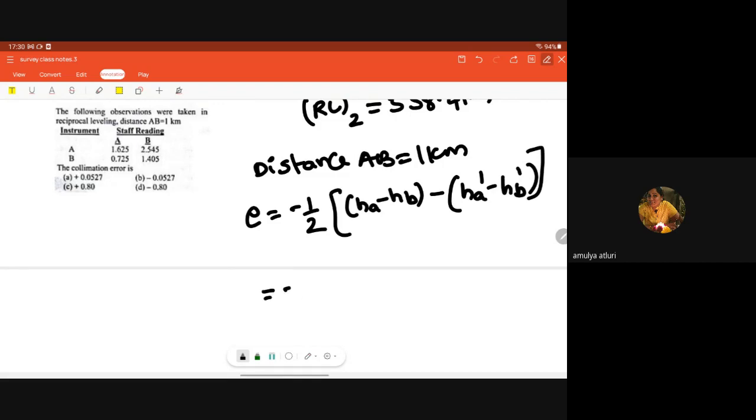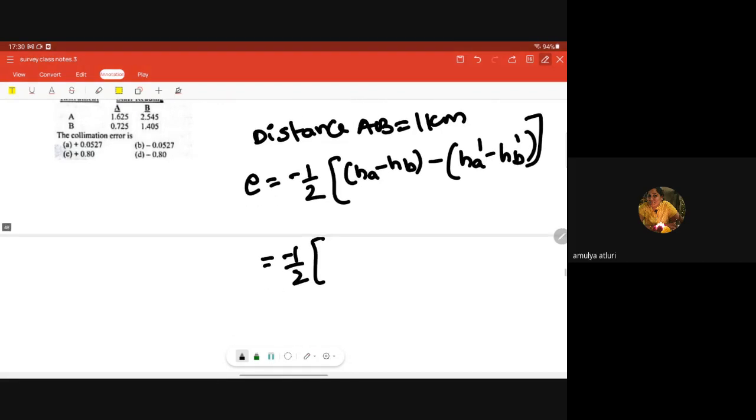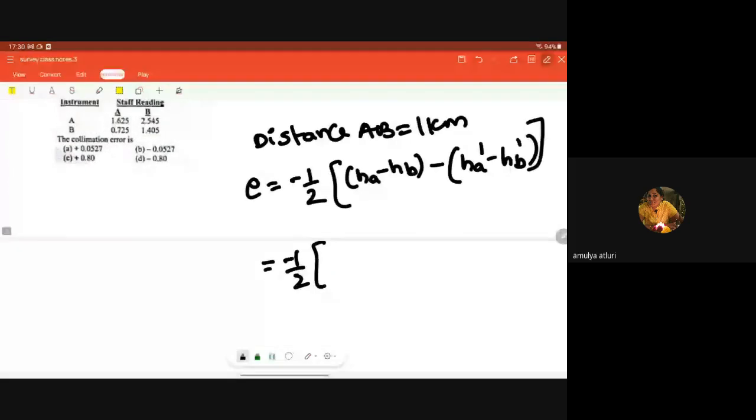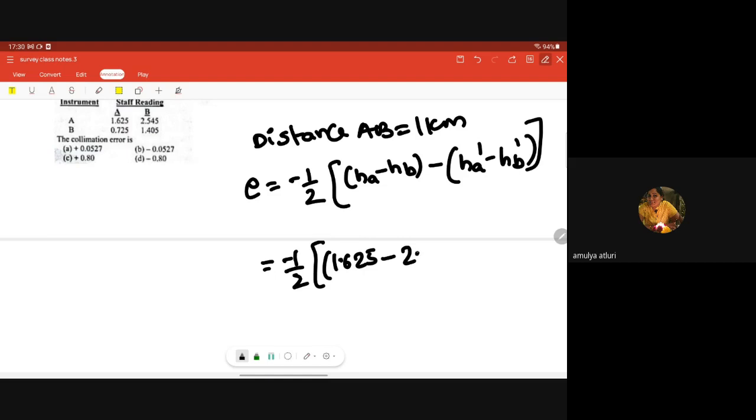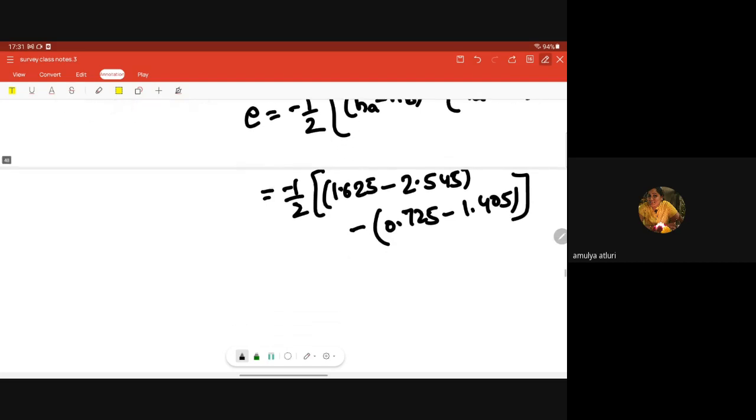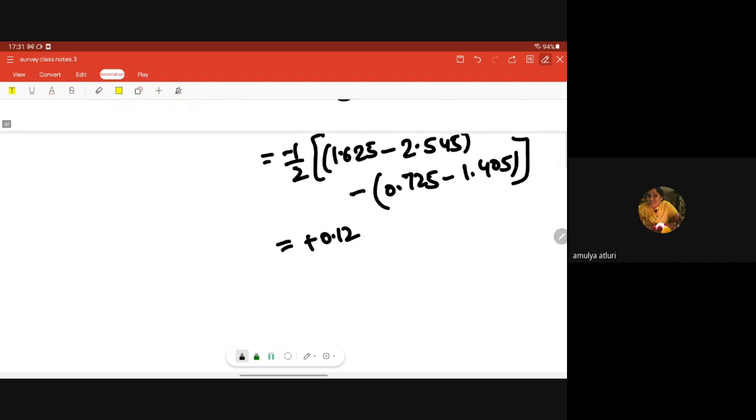So that is equal to minus 1 by 2 into, what is HA? 1.625 minus 2.545 minus 0.725 minus 1.405, right? So what is this value? Plus 0.12. They are asking us the error due to collimation, right?